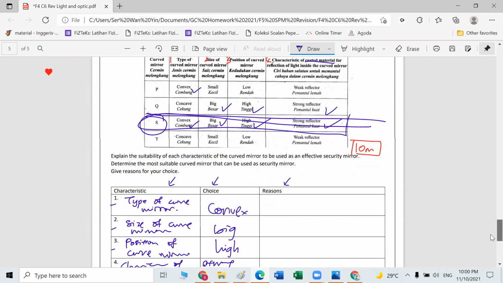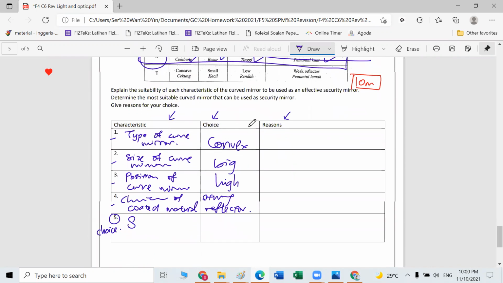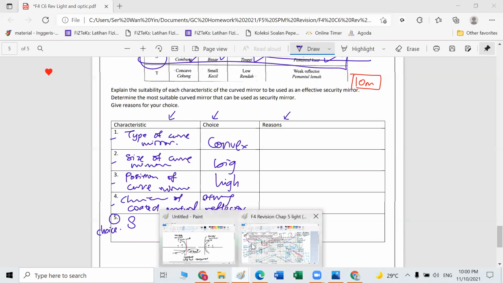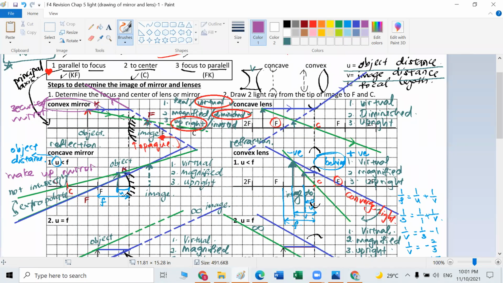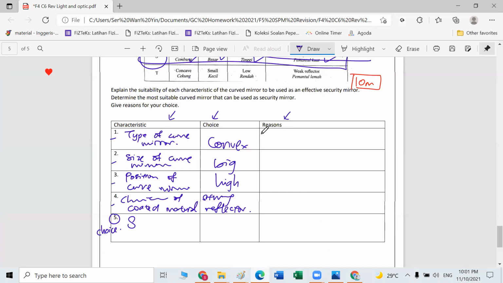Reason: convex, so that this one, diminish the image, actually means it will have wider field of view. We say image, you can write two or three reasons. I encourage you all write 2 or 3 reasons.